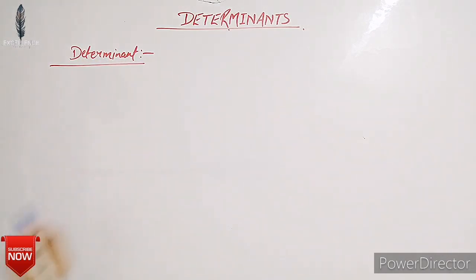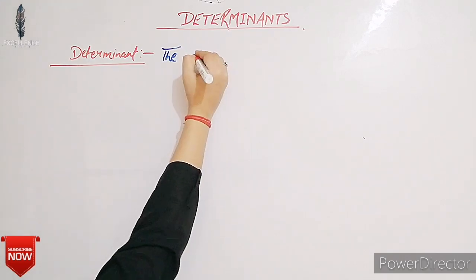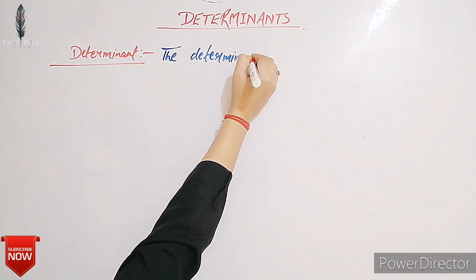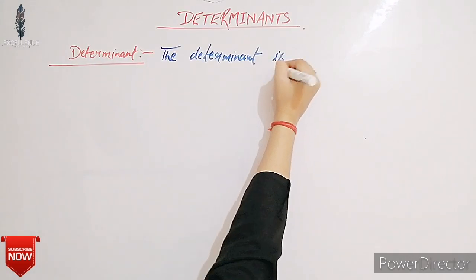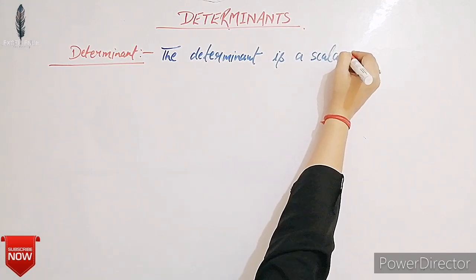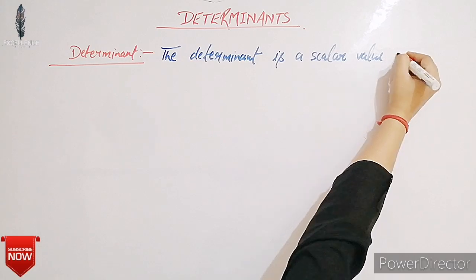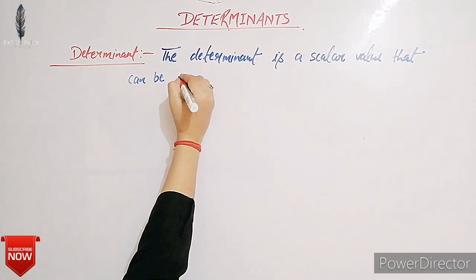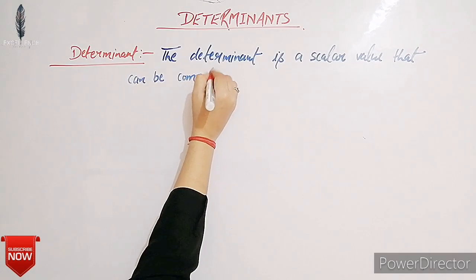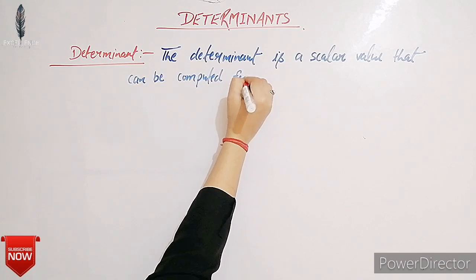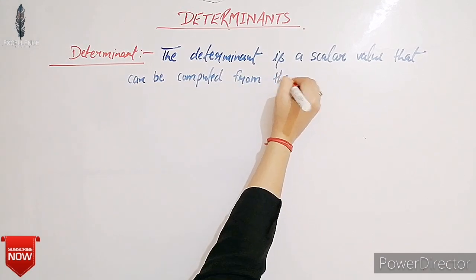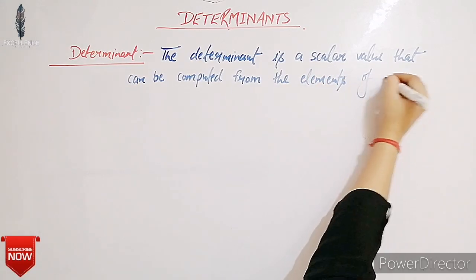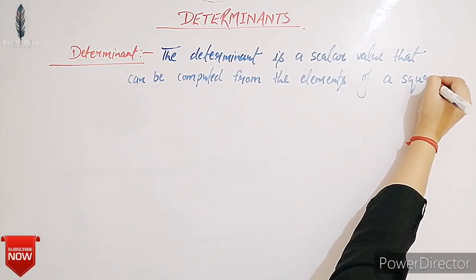Simply, we can say that the determinant is a scalar value that can be computed from the elements of a square matrix. It's a scalar value that can be computed from the elements of a square matrix.